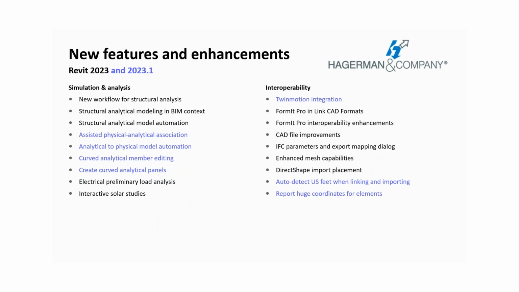Here are additional features for simulation and analysis, as well as interoperability. Again, you can see the 23.1 features highlighted in blue. Again, pausing just so you can take a quick look. I know there's a lot on the screen here.